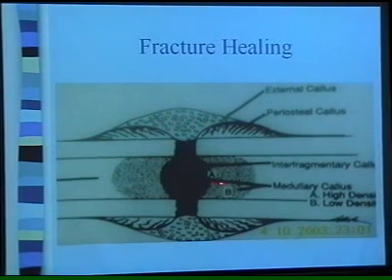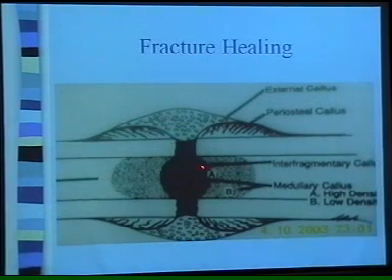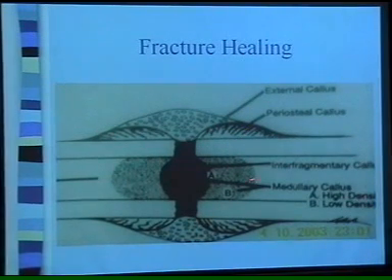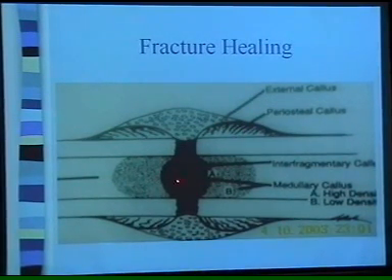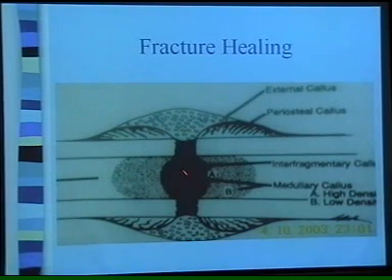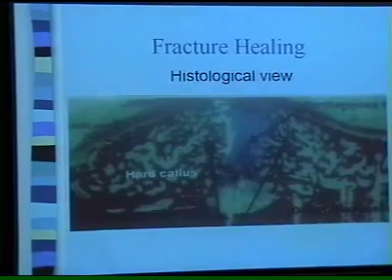Then there's another soft callus inside which the chondroblasts have laid down. There's a hard callus right in the middle, and there's a hard subperiosteal callus. This is the job of the osteoblasts. Osteoblasts lay down this medullary callus which is dense right in the middle, and they also lay down a surface callus. They need osteoclasts with them to eat up the soft while they lay down the hard one.